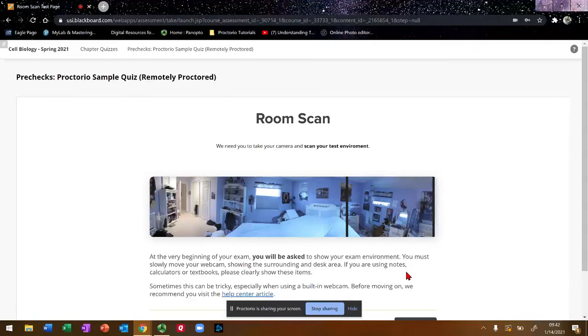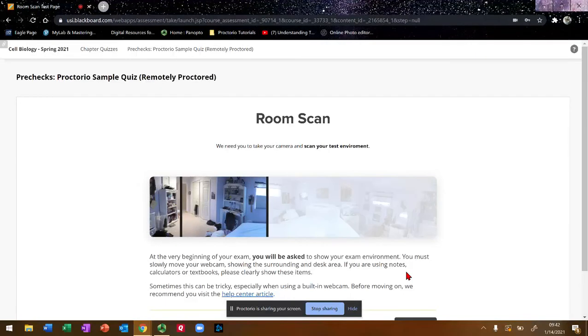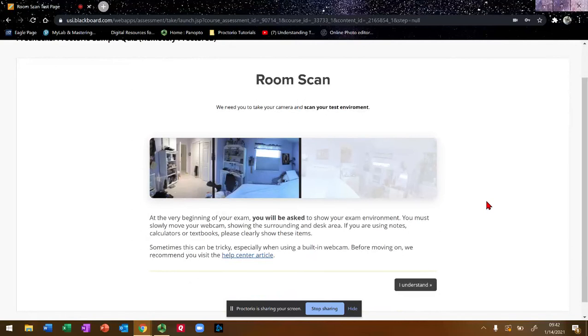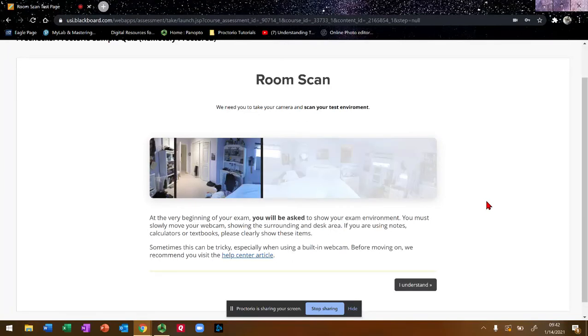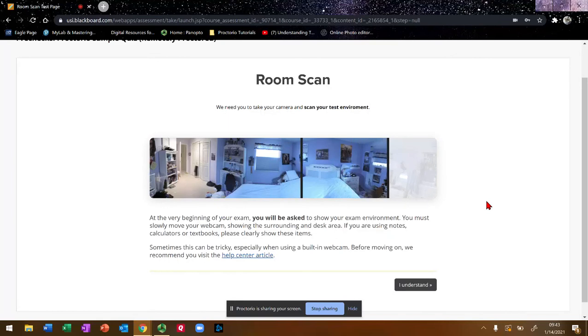So now it's asking me to scan the test environment. What you need to do is slowly, not quickly, you don't turn it like a basketball. You scan slowly and also scan the top of the desk as well. It says you must slowly move your webcam showing the surrounding and desk area.